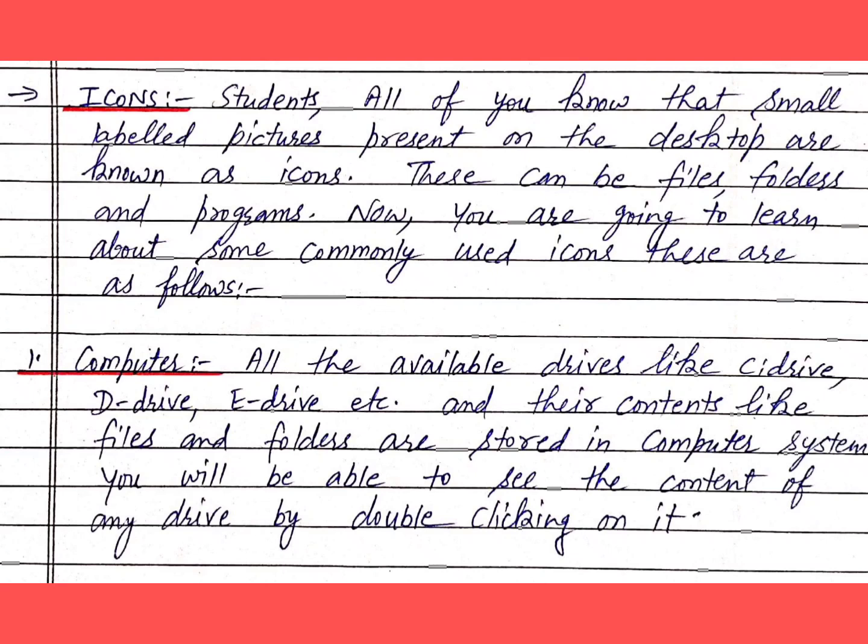These are as follows. Number 1, computer. All the available drives like C drive, D drive, E drive, etc., and their contents like files and folders are stored in the computer system. You will be able to see the content of any drive by double clicking on it.